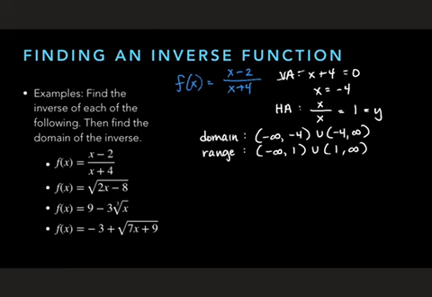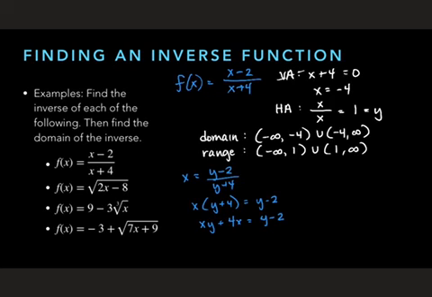Now that I have that, let's look at the inverse. So inverse of a rational function, x equals y minus 2 over y plus 4. We cross multiply, so x times y plus 4 equals y minus 2. xy plus 4x equals y minus 2.